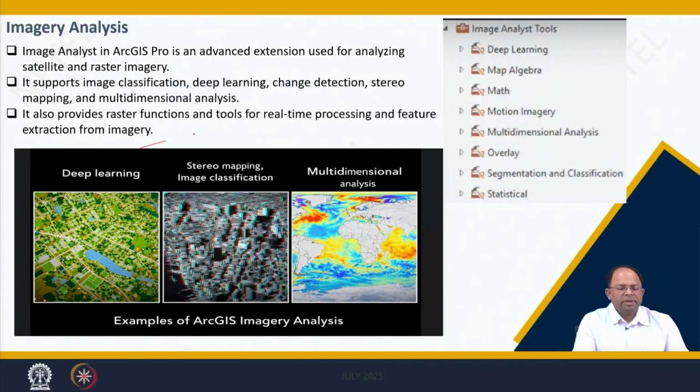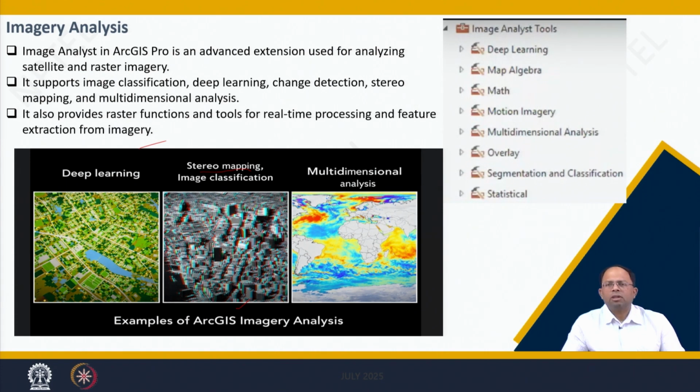So you can see that we can use deep learning over here to identify certain features. We can do image classifications, and we can do stereo mapping, from which we can generate height values and other values from a satellite, or from photographs taken from, say, an airplane, and then we can do multidimensional analysis, and using that we can do a lot of environmental maps and so on.